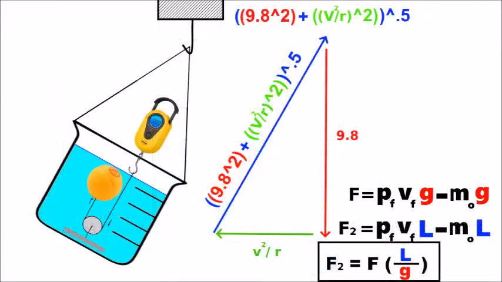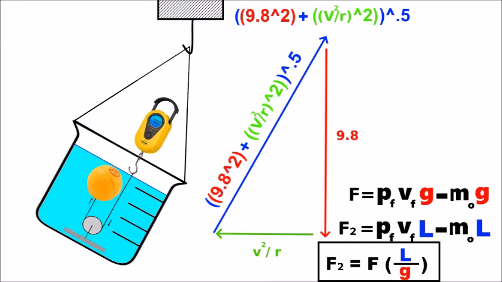So what we're going to do is just take this apparatus and drive with it in a turn, or maybe put it on a merry-go-round. Anything that goes in a turn with a constant, known speed and a known radius. From that speed and radius, we can calculate the horizontal centrifugal force, and combining this with the 9.8, you can get the total load factor.